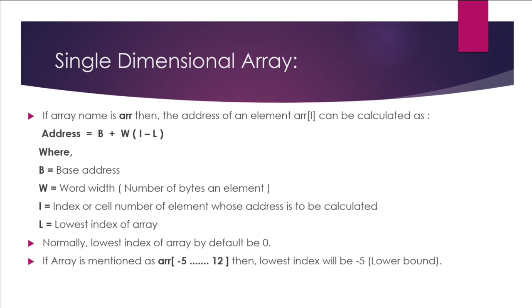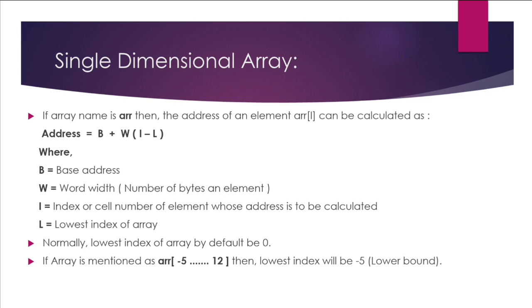And L is the lowest index. Normally for us the lowest index is 0, because an array always starts from 0. Till the question changes it, the lowest location is 0 only.